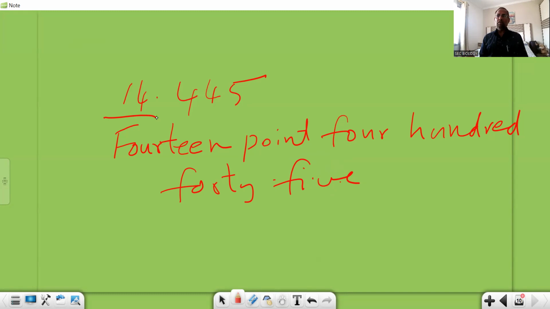You know the teen words in maths, from class 1 and class 2: 13, 14, 15, 16 up to 19. These are the teen words. How many digits are in maths? There are only 10 digits.